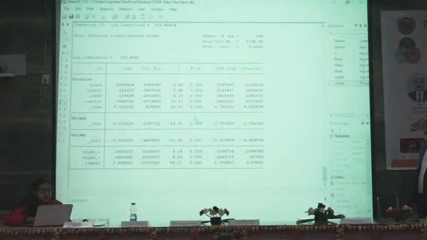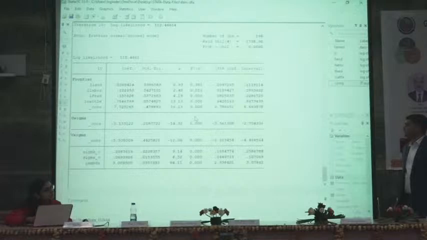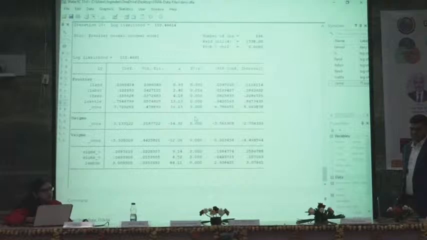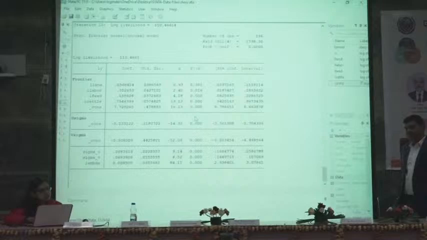But here land is not significant, but we always say that statistical significance is a guide; it's not mandatory. You cannot say that land is not important. How can you produce something, even in cattle farming or dairy farming? You still need land, right? Cattle are not going to be grazing in the sky. You need land. So even though it's not significant, you need to include it.